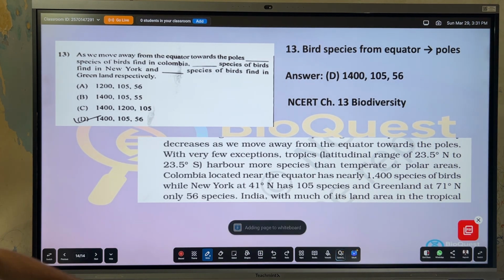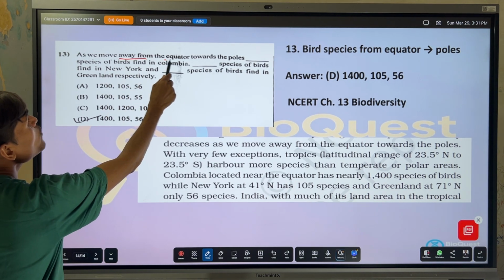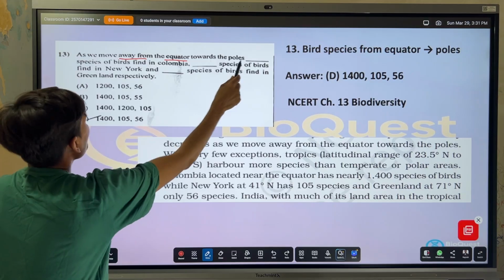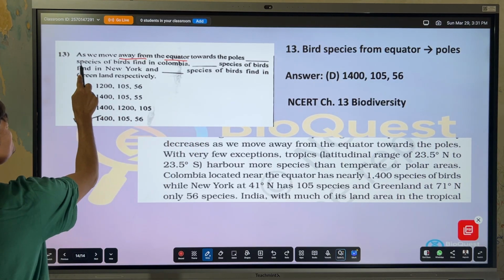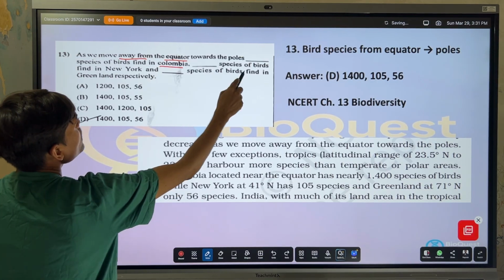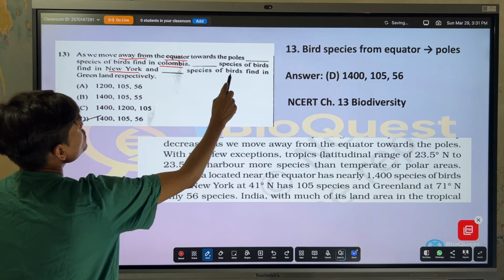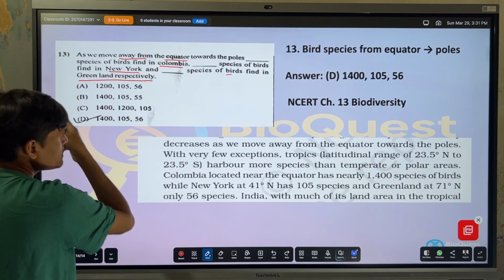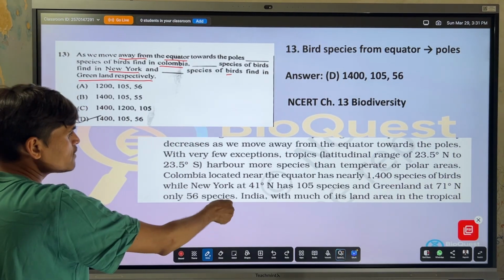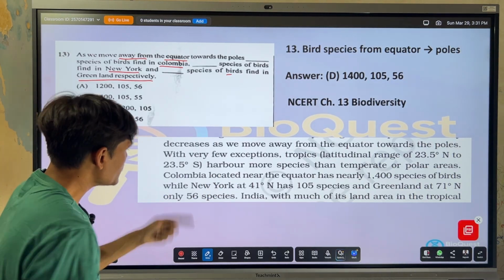Our next question, question number 13. As we move away from the equator towards the poles, fill in the blank: species of bird found in Colombia, species of birds found in New York, and species of bird found in Greenland. Now, this is the cutting of the textbook provided.